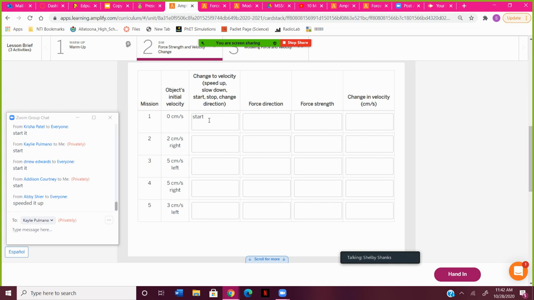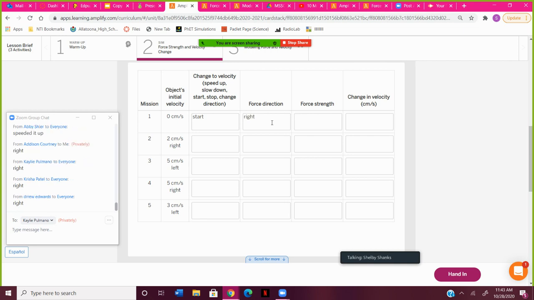It had an initial velocity of 0, so it was standing still. I had to start the object. Okay. Which way was my force? Which way was that arrow? All right. To the right.